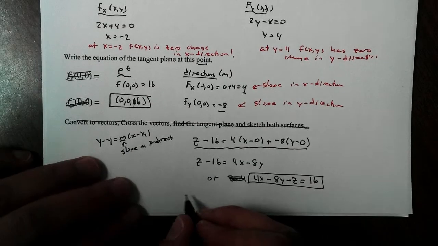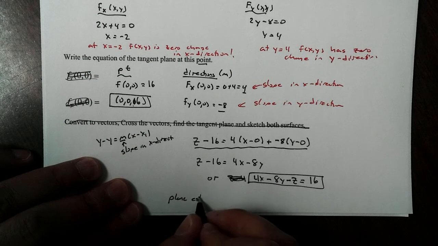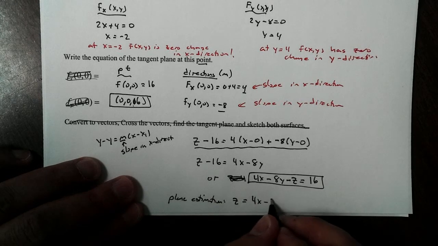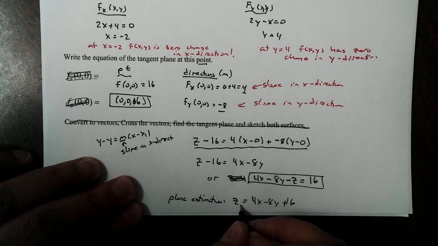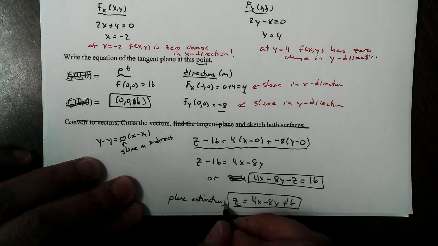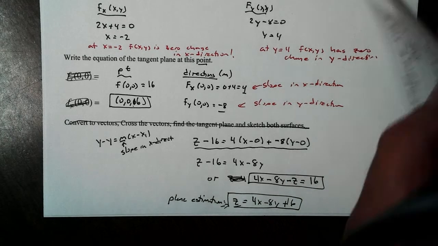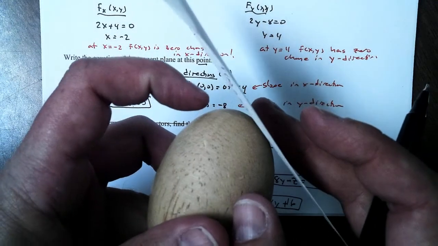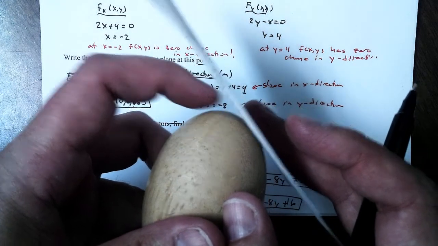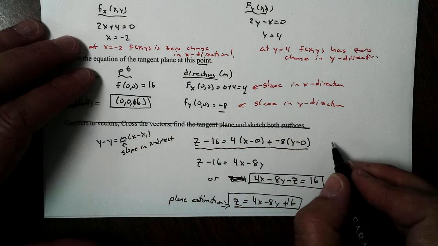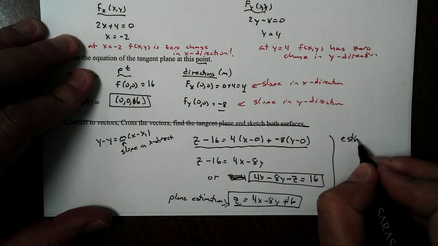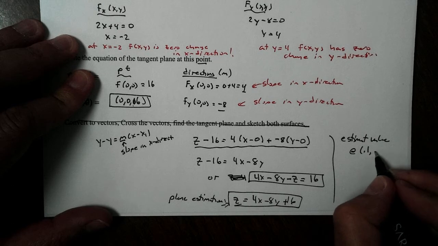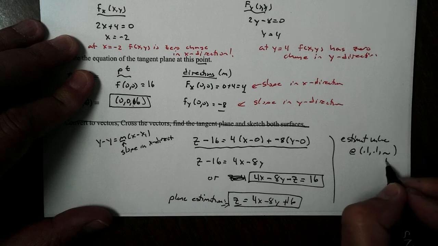But if I want to use this for a plane estimation, I could say let z equal 4x minus 8y plus 16. And this is the way we typically would write it, because we want to write the plane in terms of z. So what that means is now, for any point near my tangent plane, I could estimate the value. For example, I can now estimate the value at, let's say, the point 0.1, 0.1, and I want to estimate what that z value is going to be.